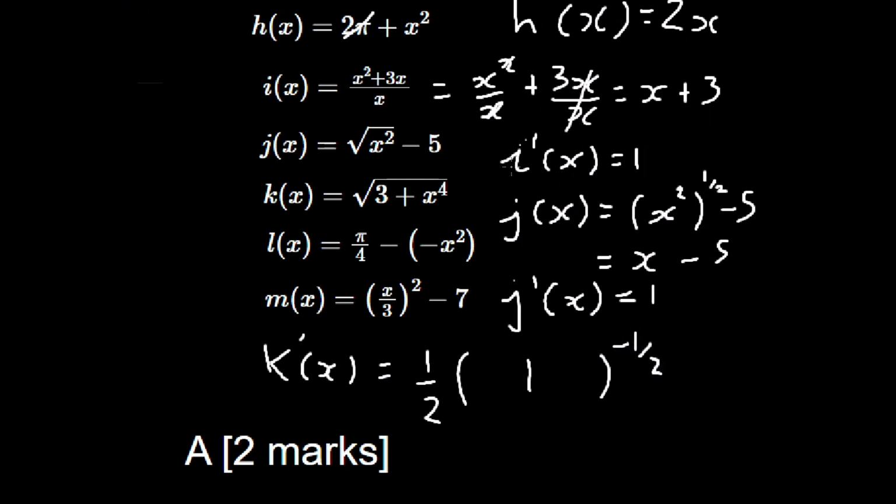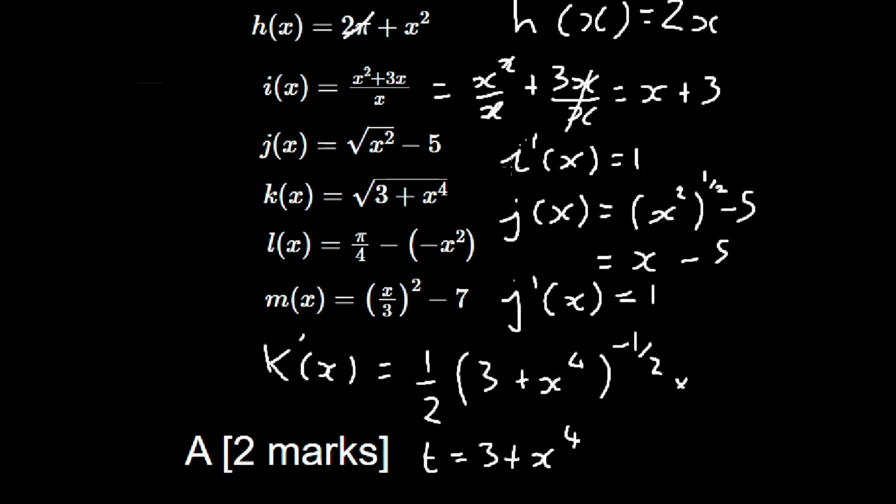Now t in this case is equal to 3 plus x to the 4. So when we differentiate that, we times the differential on the other end here. Let's put the actual value in there, so 3 plus x to the 4.